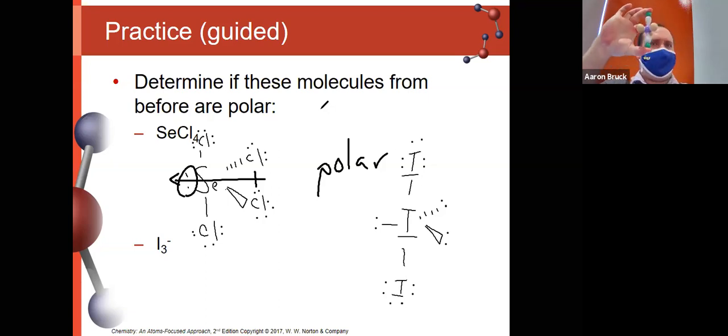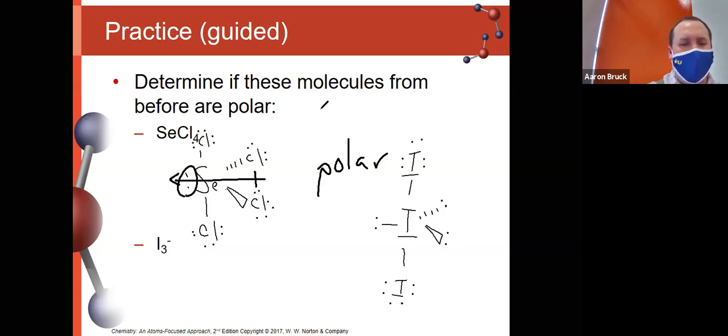In the axial positions, do we have symmetry? Yeah. We got an iodine on top and an iodine on the bottom. In the equatorial plane, do we have symmetry? All three positions are occupied by lone pairs, so yes. So this is a symmetrical molecule.